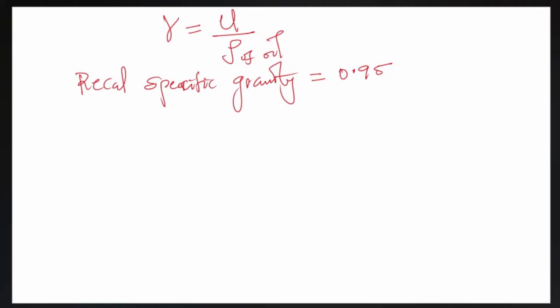Are we together? So your kinematic viscosity will now be equal to, what is your dynamic viscosity? Your dynamic viscosity was given to be 0.00116 Newton seconds per meter square, divided by 940 kilogram per meter square.